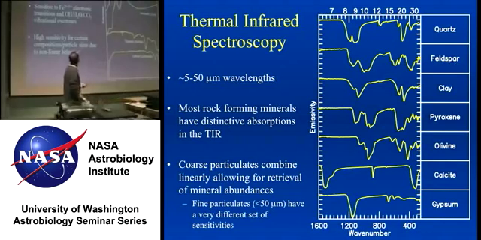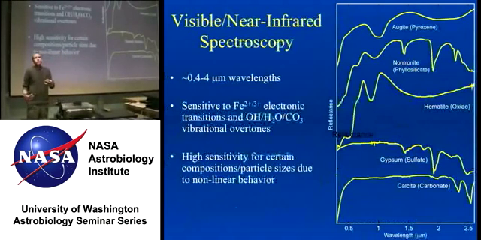Okay, looking at visible and near-infrared spectroscopy. Now we're looking at reflected light, just like you see with your eyes. There's no set and hard definition for wavelength ranges, but I'm just going to arbitrarily define it as about 0.4 to 4 micron wavelengths. And this has a whole unique set of sensitivities that's highly complementary to the thermal infrared. We're sensitive to iron 2+ and 3+ electronic transitions, and very sensitive to OH, H2O, and carbonate vibrational overtones.